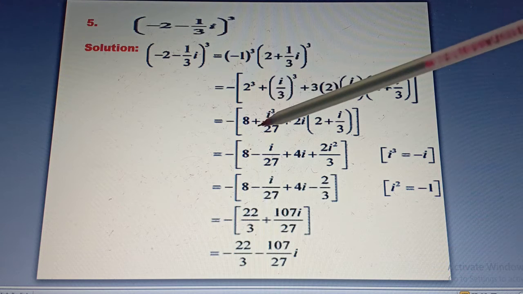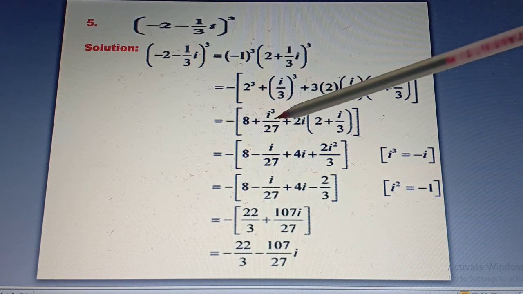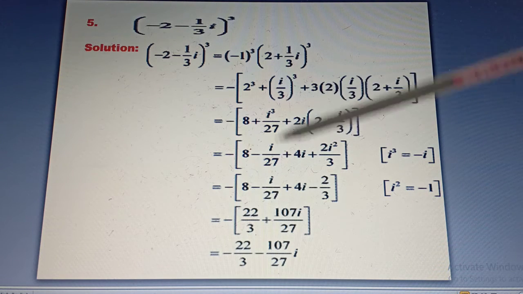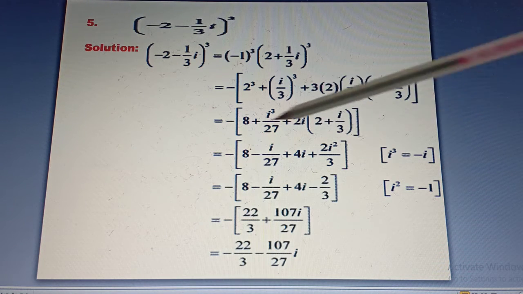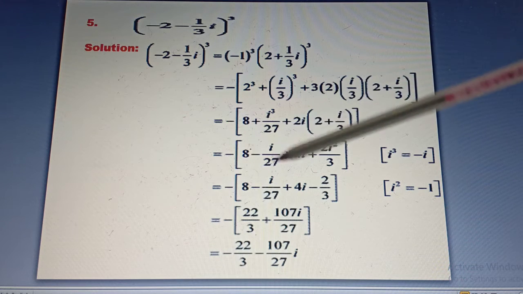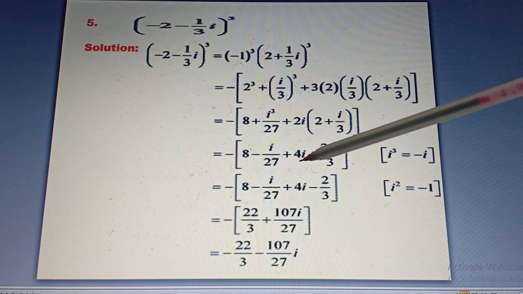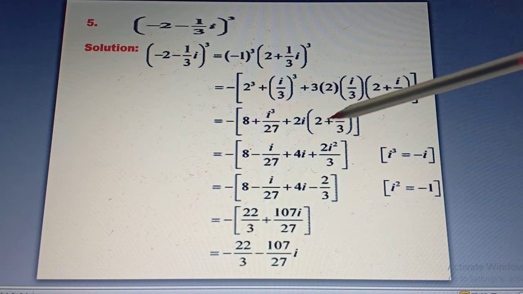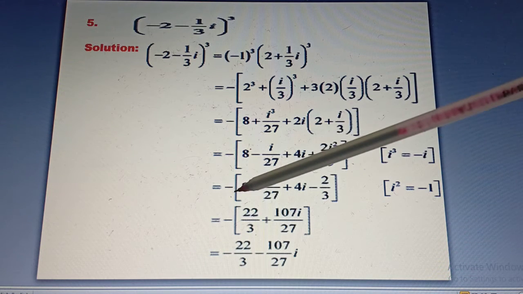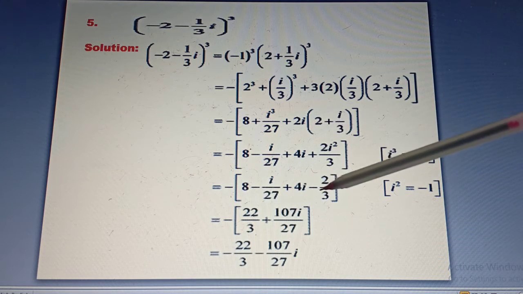So 2 cube is 8, i cube is minus i. We can write this step: i cube by 27 plus 3 cancels, twice i into 2 plus i by 3. So minus outside, 8 minus i by 27 plus 4i plus 2i square by 3. Now minus 8 minus i by 27 plus 4i minus 2 by 3, because i square is minus 1.